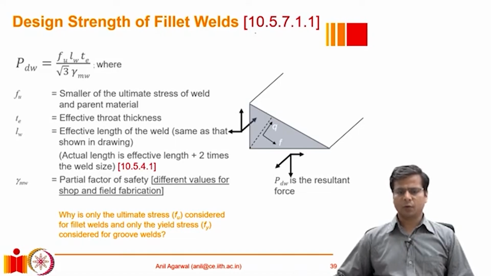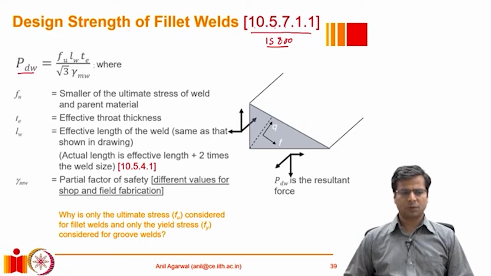How does the Indian code IS 800 recommend we should design a fillet weld? If you go to clause number 10.5.7.1.1, it talks about the design strength of fillet welds, and basically the expression that it gives is P_dw = f_u l_w t_e / (√3 γ_mw).